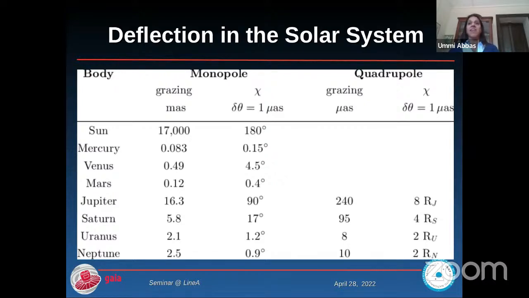This is grazing. Now, the monopole effect falls off as 1 over b, the inverse of the impact parameter. So the monopole effect is much longer lasting at the milliarcsecond level.